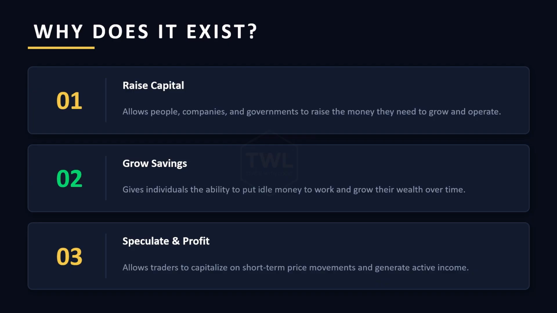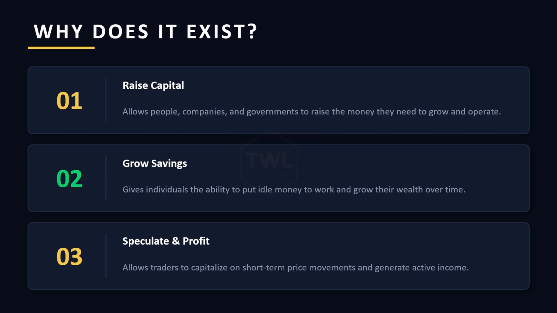Now here's a question most beginners never ask. Why does the financial market even exist? There are 3 real reasons. First, raising capital. Companies and governments need money to grow, to operate, to build things. The market lets them raise that money from people like us. Second, growing savings.